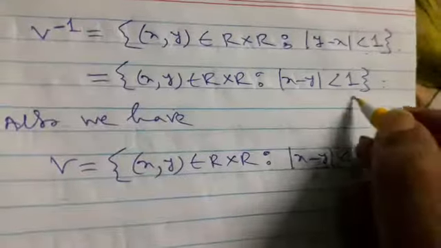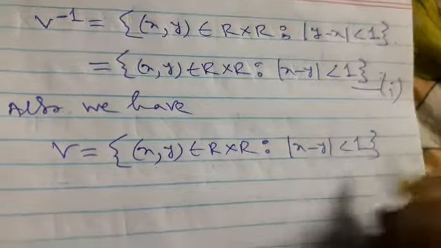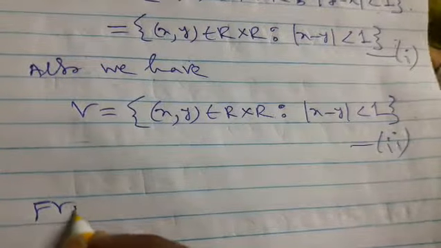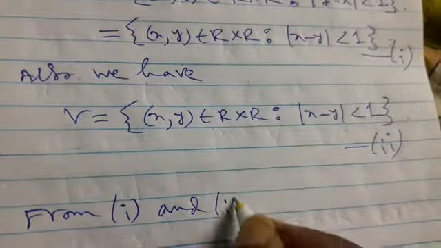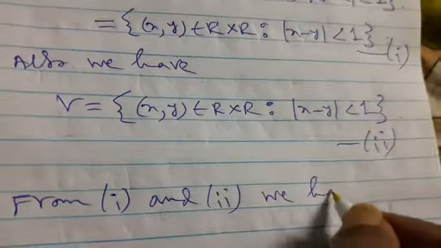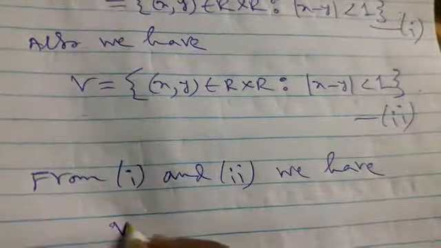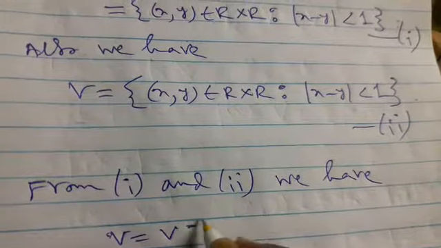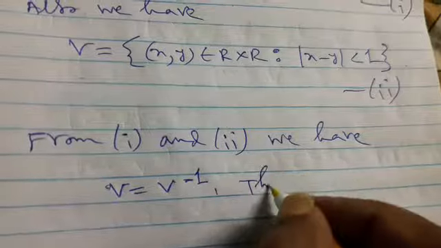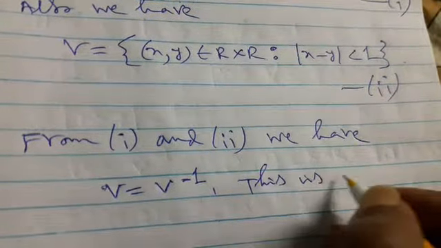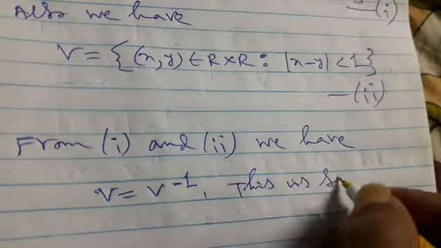So from equation number 1 and equation number 2, we have V is equal to V inverse. This is the property of symmetry, or this is symmetric.